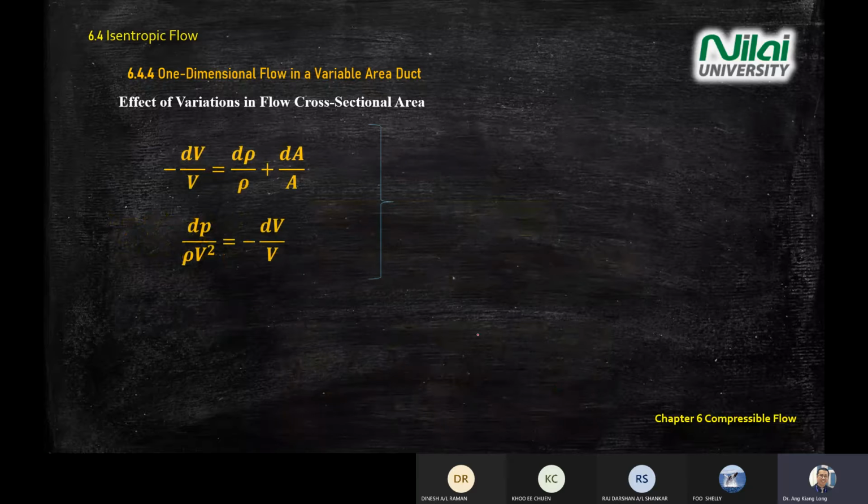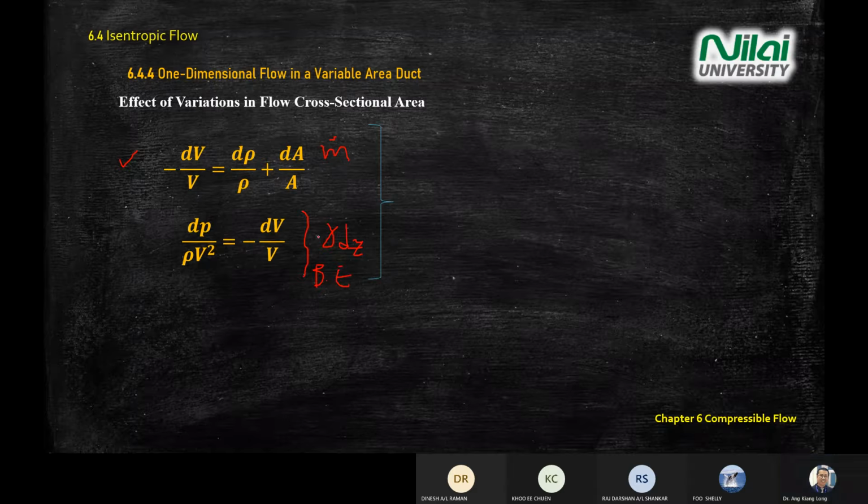So I pull the equation up. You get this one from the m dot equation. This one we derived earlier by ignoring the gamma dz from the Bernoulli equation. This one is from the Bernoulli equation, and the top one is from the continuity equation.